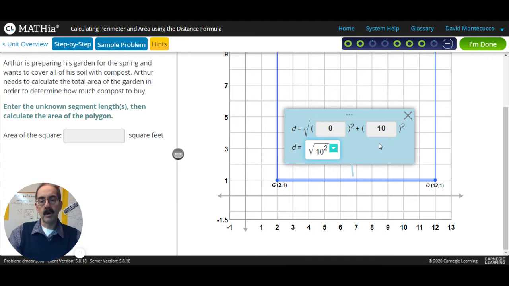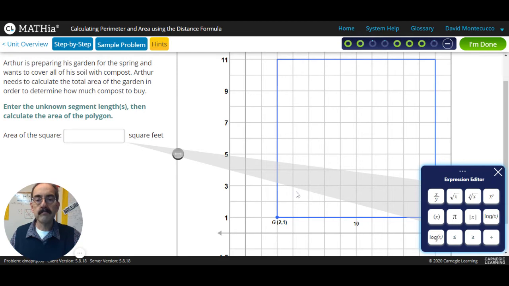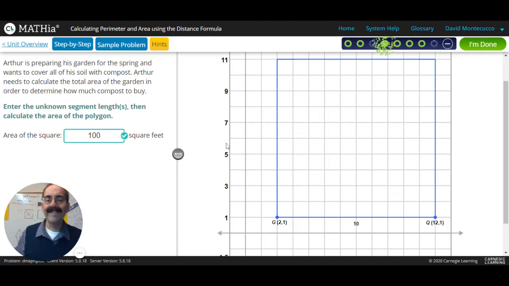Okay, so our length is 10 units. Times 10, 100. Okay. Since it said it was a square, it didn't make us calculate all the way around.